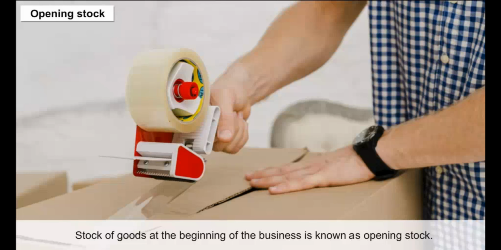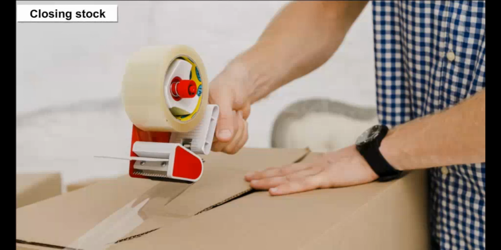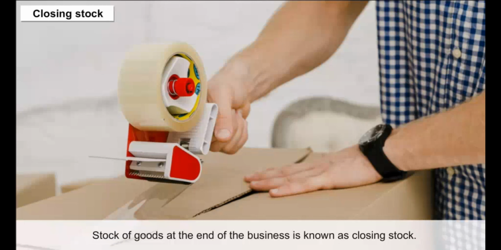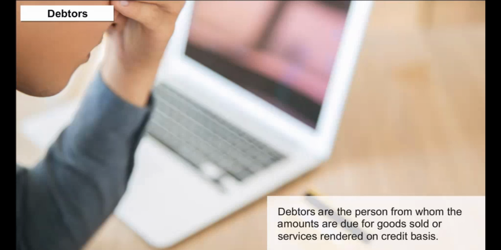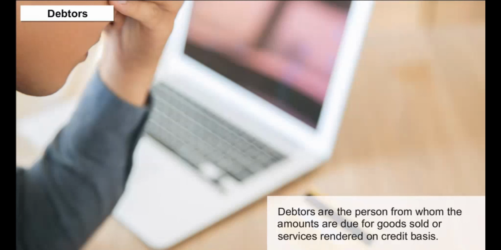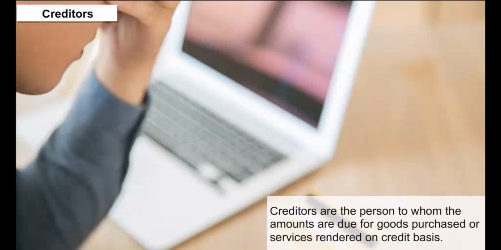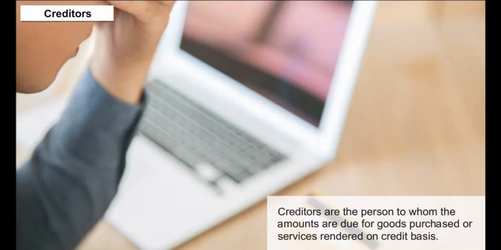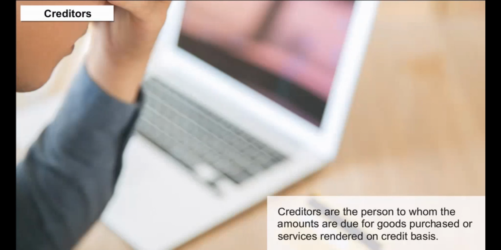Stock of goods at the beginning of the business is known as opening stock. Closing stock. Stock of goods at the end of the business is known as closing stock. Debtors. Debtors are the persons from whom the amounts are due for goods sold or services rendered on credit basis. Creditors. Creditors are the persons to whom the amounts are due for goods purchased or services rendered on credit basis.